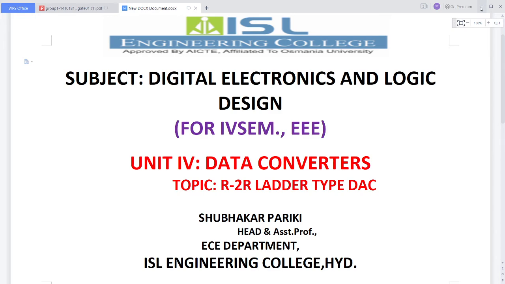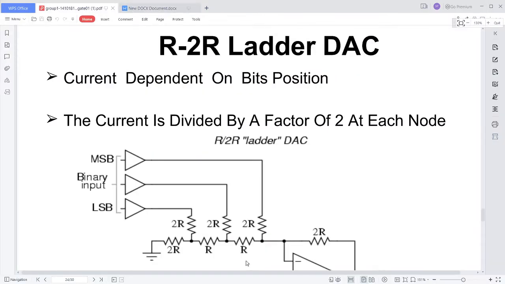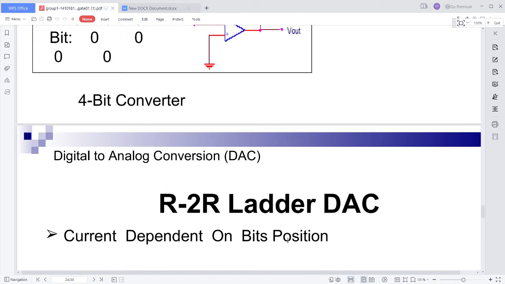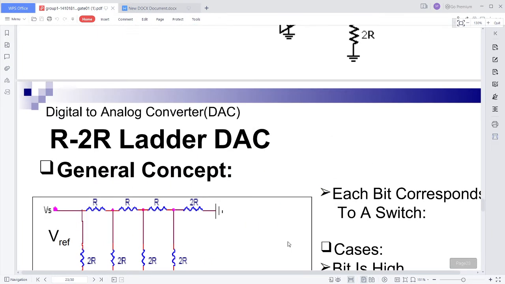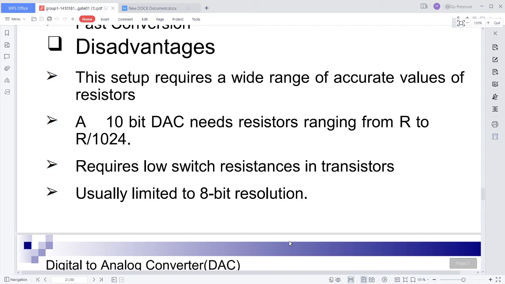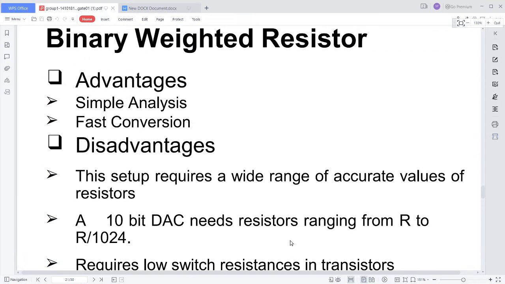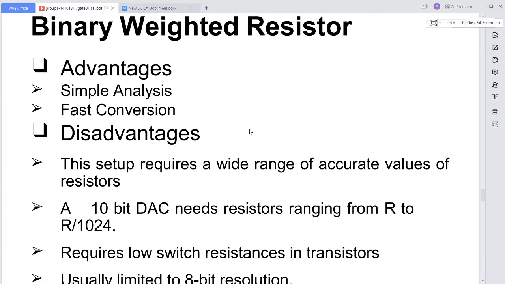So in the previous class we have studied the weighted resistor digital to analog converter. It has some advantages and disadvantages also. If we discuss the advantages of the weighted resistor digital to analog converter, it is very simple to analyze.